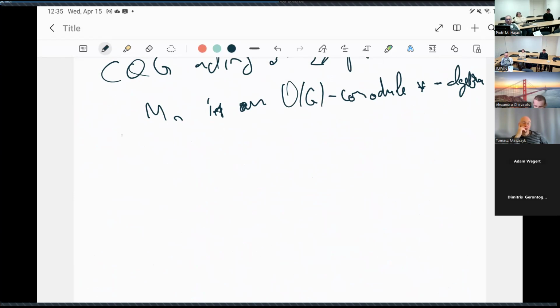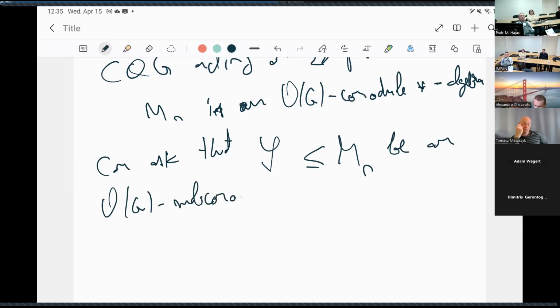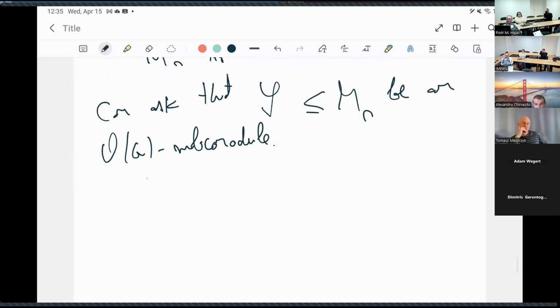So I can ask that S be an O(G) subcomodule. So we have the quantum automorphism group. There's a universal G that does this.